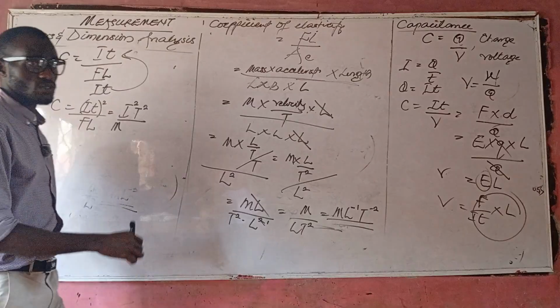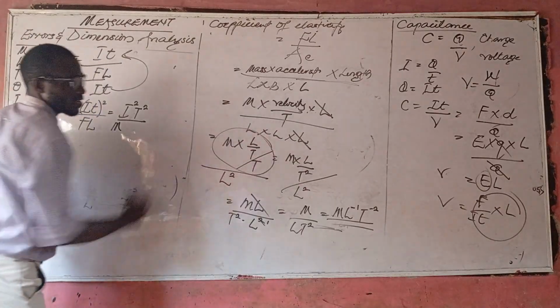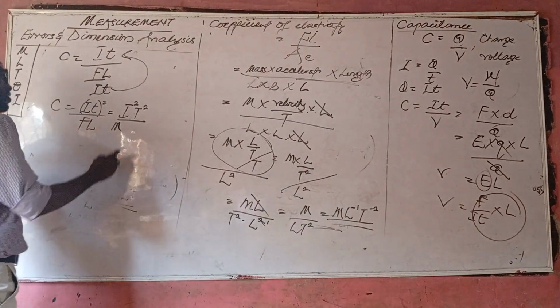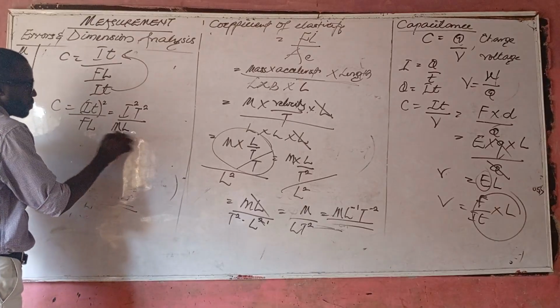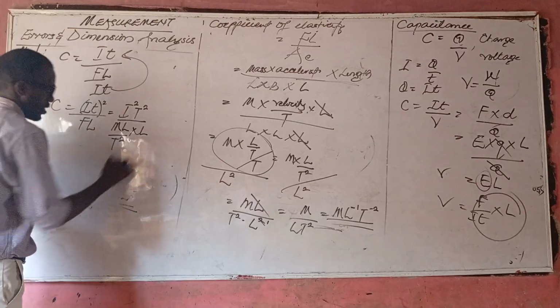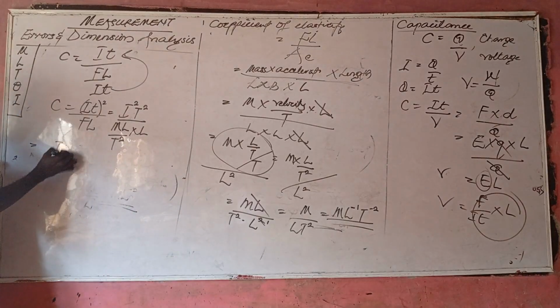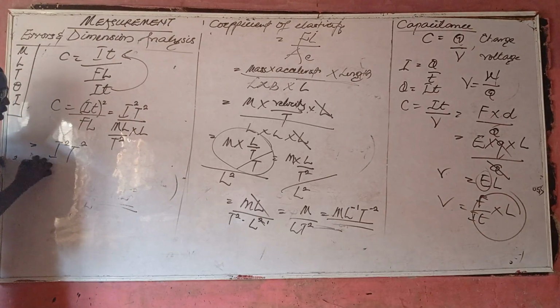M L per T squared, that's force. So it is M L per T squared times L.